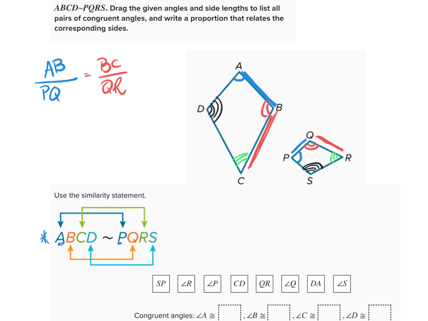Next we have CD between the green and the red angle. And that's the same as RS in my other figure. So we can say CD corresponds with RS. And then last but not least, we have AD, which is between the black and the blue, and that's PS, black and blue.